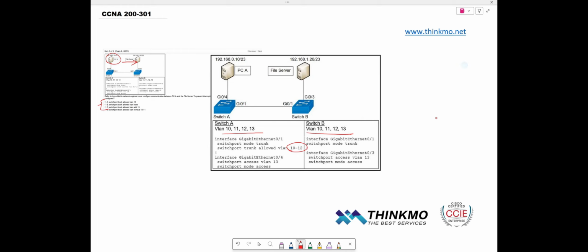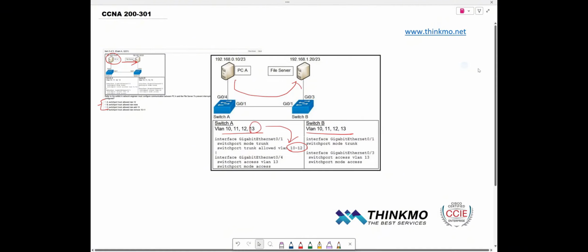So to ensure that the link between them is not interfered with, that their communication is not disturbed, we just need to have them use VLAN 13 exclusively. So we need to add VLAN 13 here.